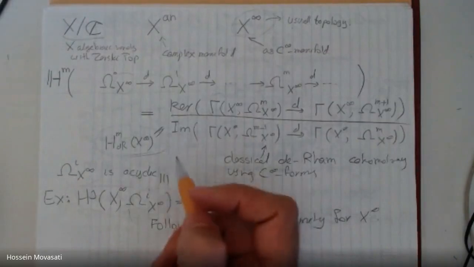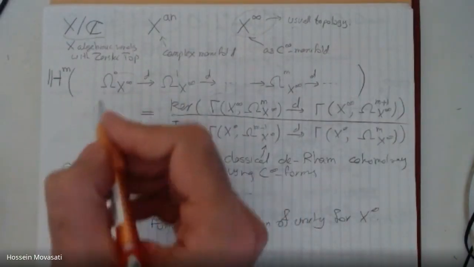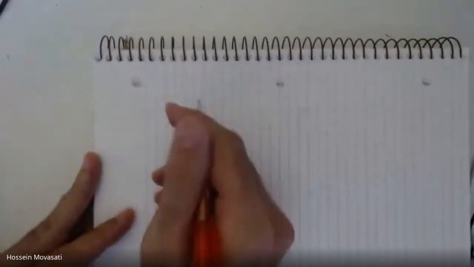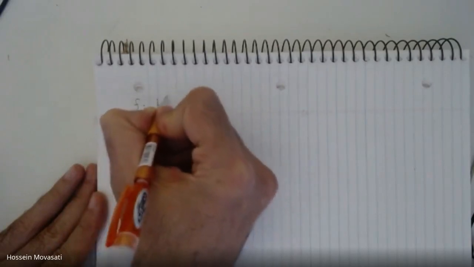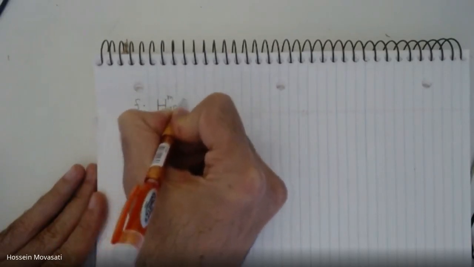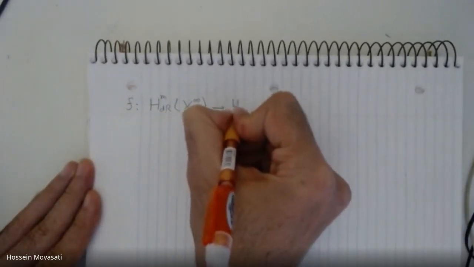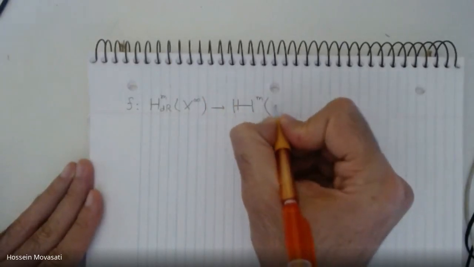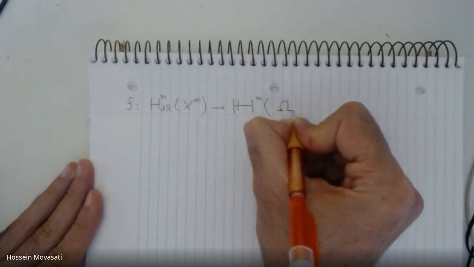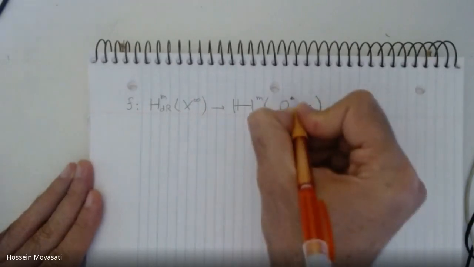We have a map from H^m de Rham of X infinity to the hypercohomology H^m of the complex, where the bullet means the complex.